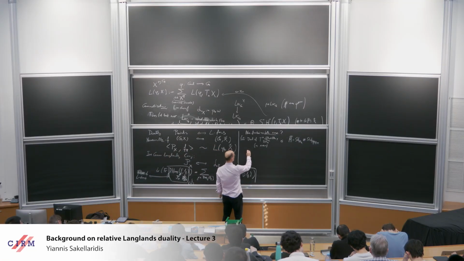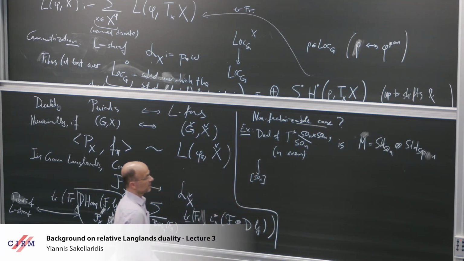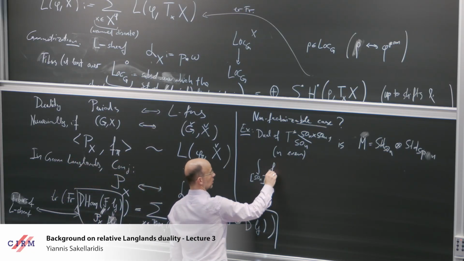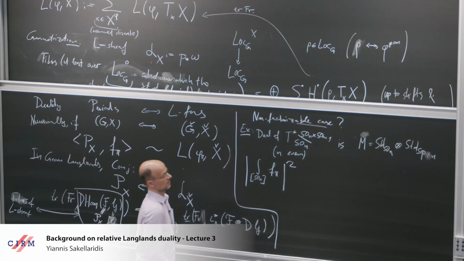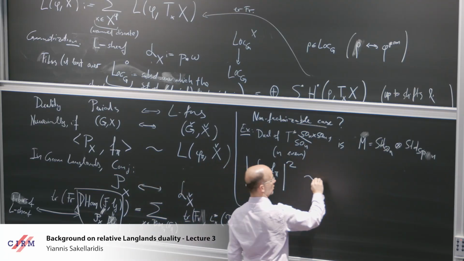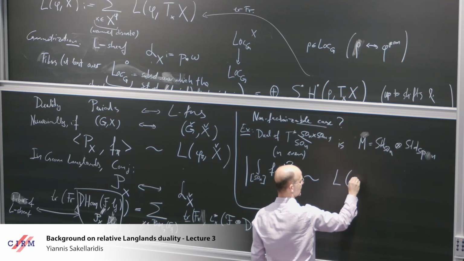Well, the Ichino-Ikeda-Gross-Prasad conjecture tells you that the period integral over SO(n) of some automorphic form, squared, should be related to the L function associated to this Hamiltonian space.